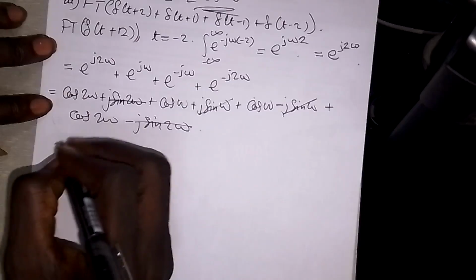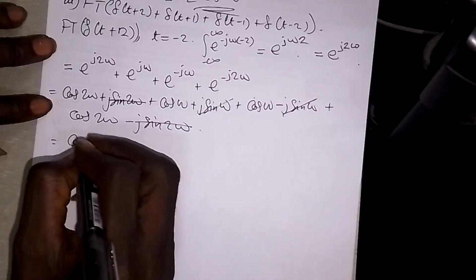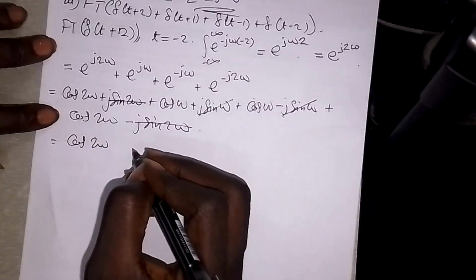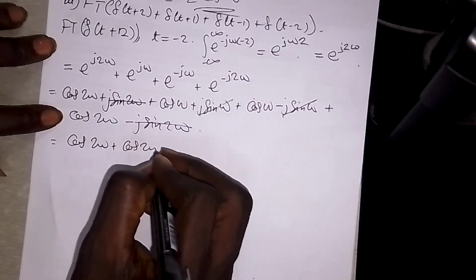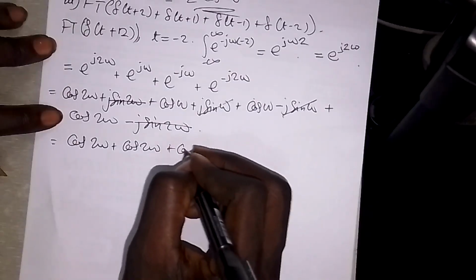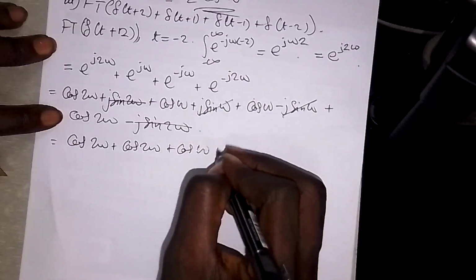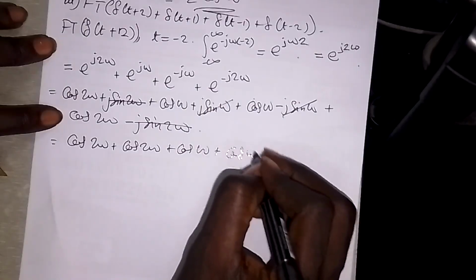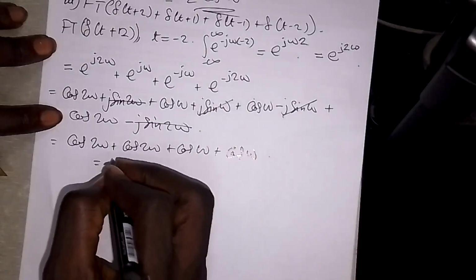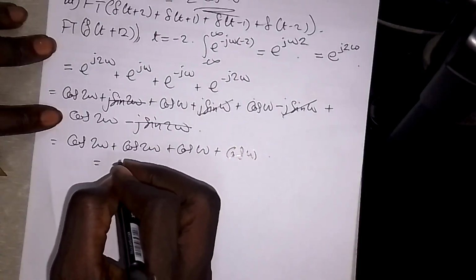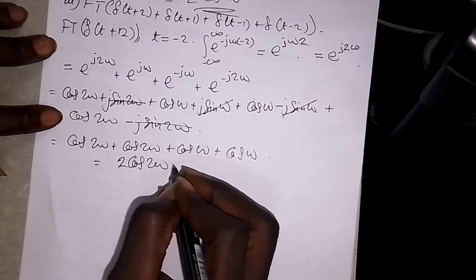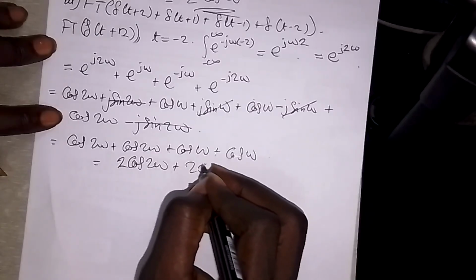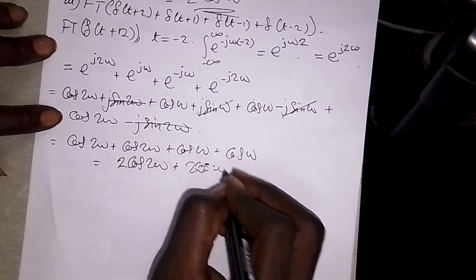I'll be left with cos 2 omega plus cos 2 omega plus cos omega plus cos omega, so 2 cos 2 omega plus 2 cos omega.